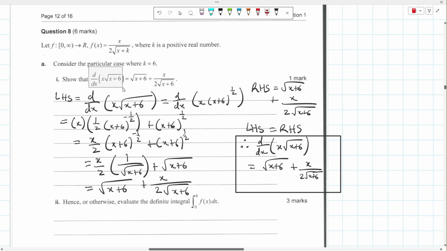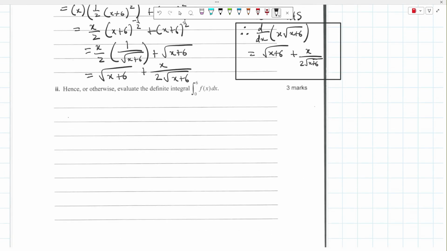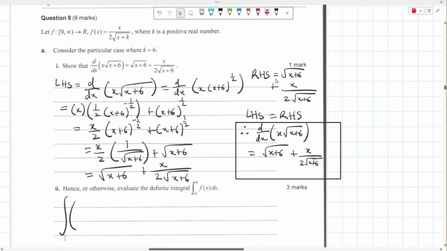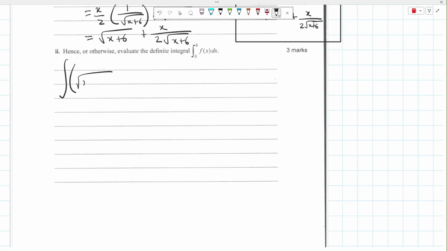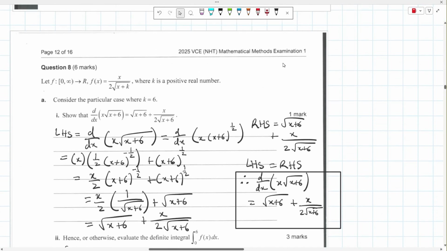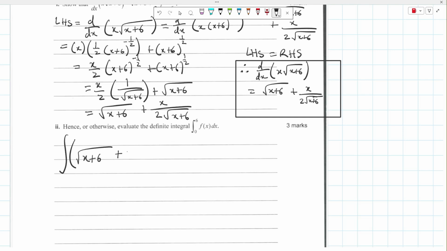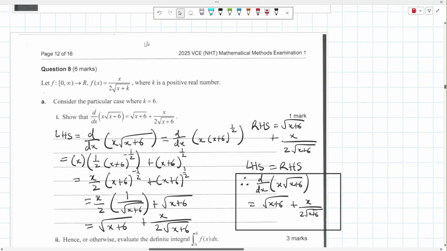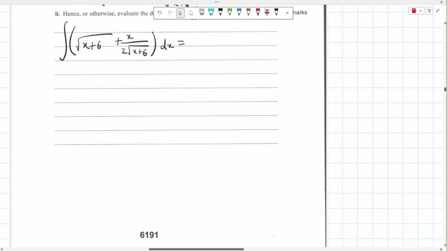If the derivative of this is equal to this, then the antiderivative of the thing on the right-hand side should just be what's on the left-hand side.